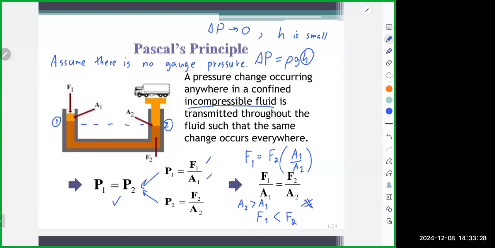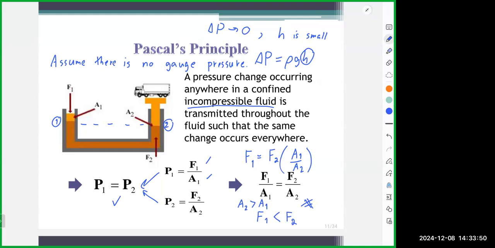If the truck is about 100 tons, you don't have to find something with a mass of tons to lift it. You might find just something like your hand. It depends on the difference of the area.